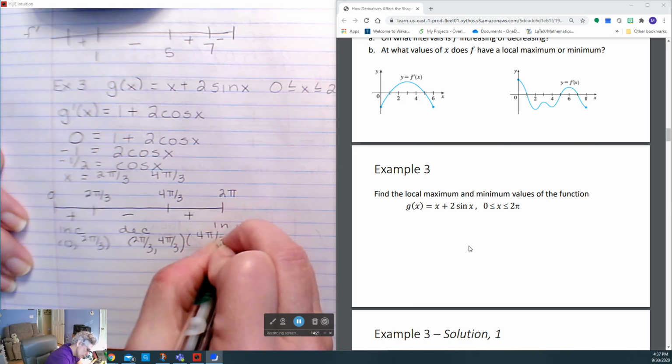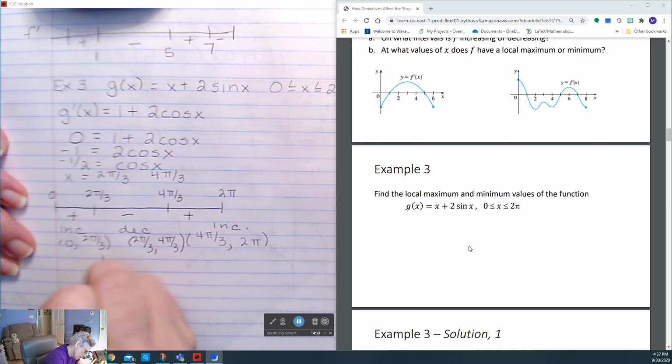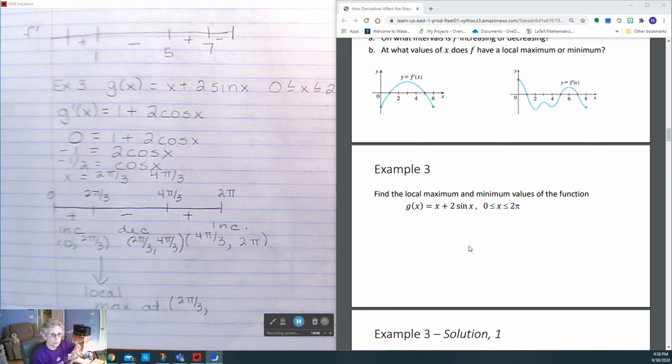Label this one as increasing. We change from increasing to decreasing. So that means we have a local max at 2 pi over 3, and let's see what the y value would be there. So I would have to go back to the original function and plug in 2 pi over 3.